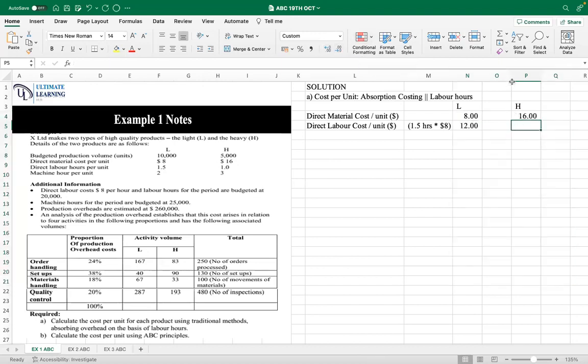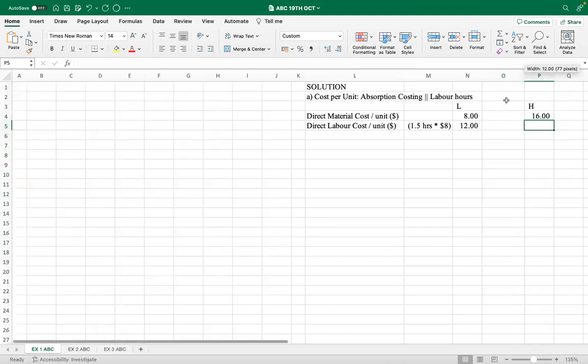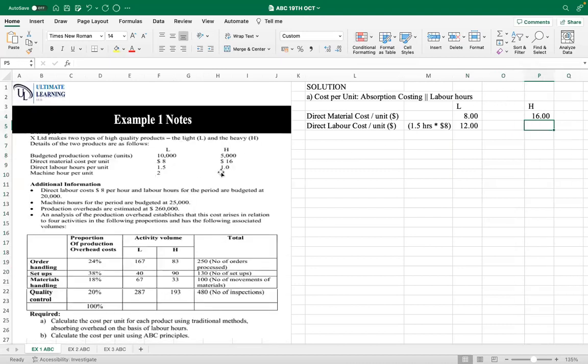And on this other side, we have 1 hour times 8. Remember, I want to get the labor cost per unit. 1 hour times $8 per hour. So that gives you 1 times 8, so it gives you 8 again.